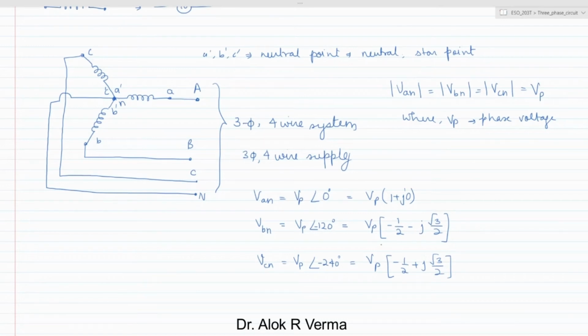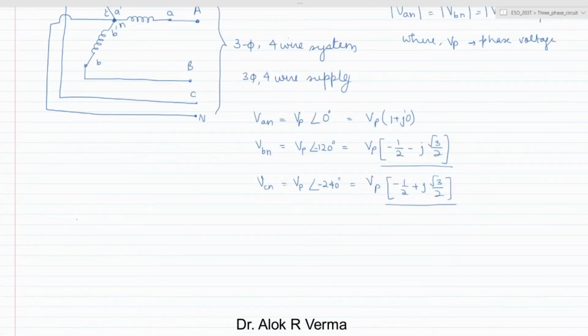When you want to write V angle theta, it is represented as V times (cos theta plus j sin theta). So this is the polar form and this is the rectangular form.